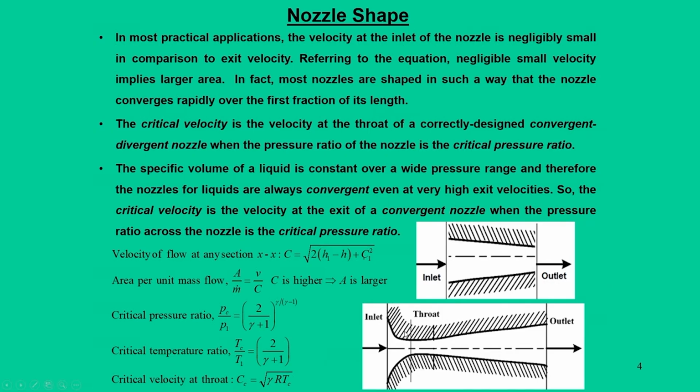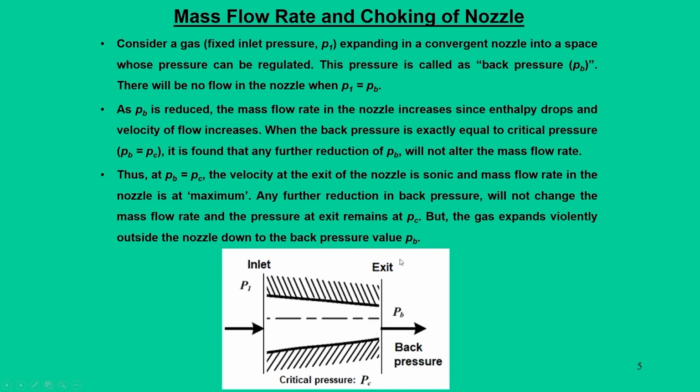It has also been shown that the critical velocity at the throat is nothing but the sonic velocity. These are some of the important aspects of how nozzle shapes are decided.